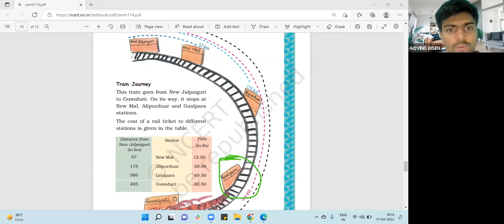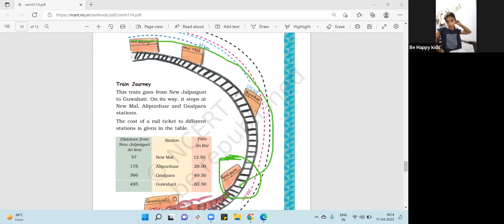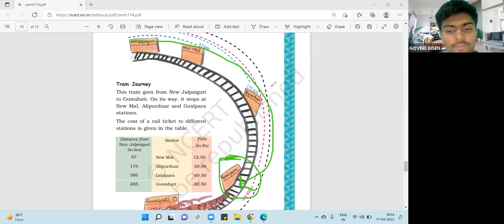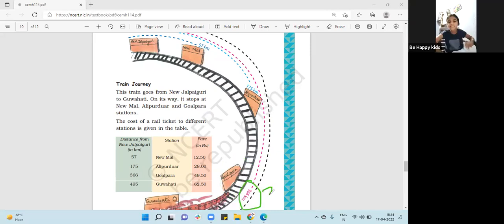And what is the distance between New Jalpaiguri to Golpara? It is 366 kilometers.